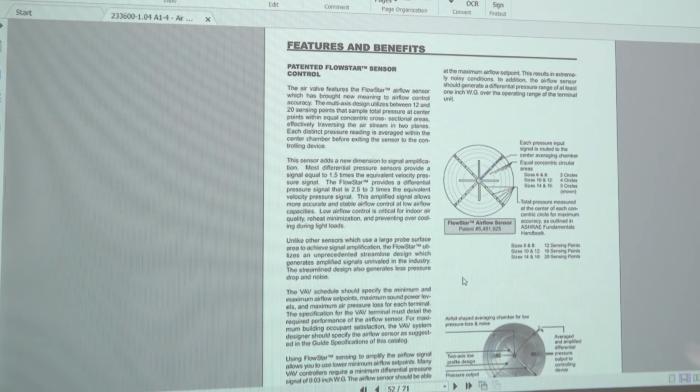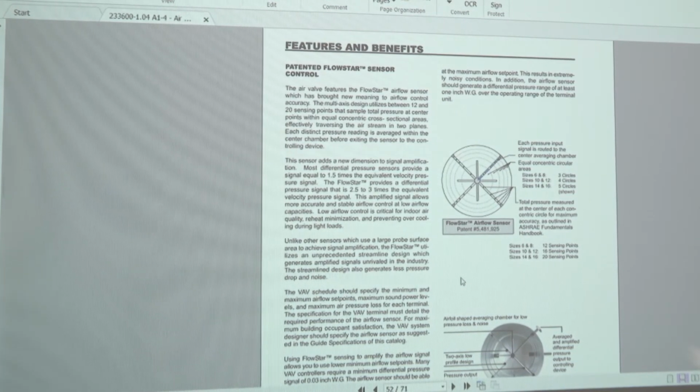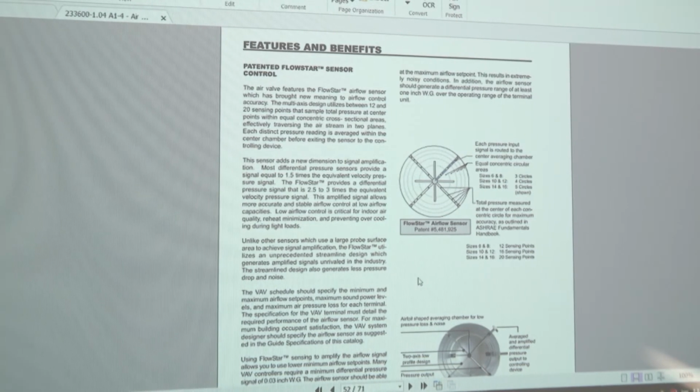So you'll have VAV boxes. There's over 500 of them throughout the building. They're all controlled by Johnson Controls with their VMA control actuators. All the VAV boxes are provided with a discharge air sensor, control valve.